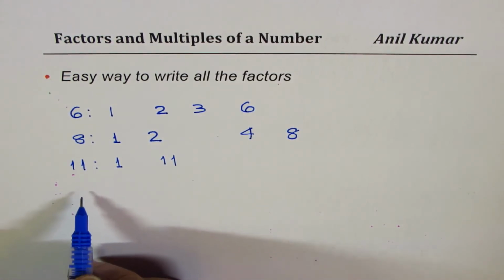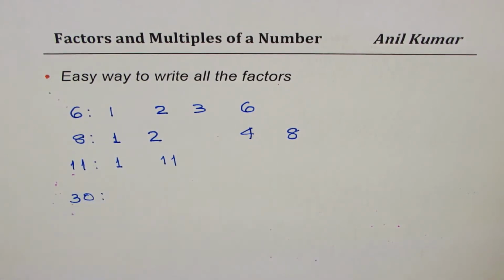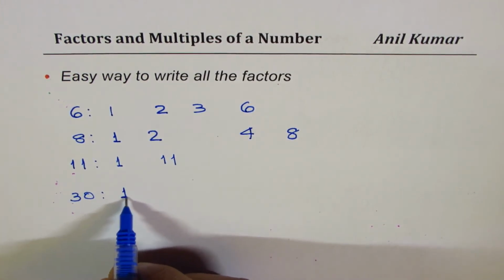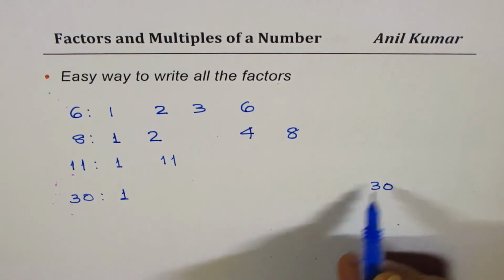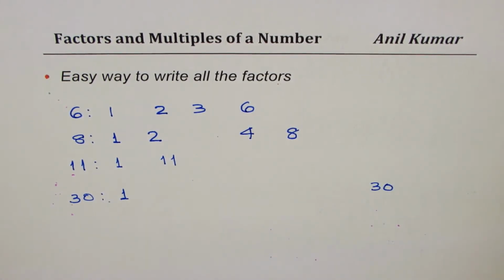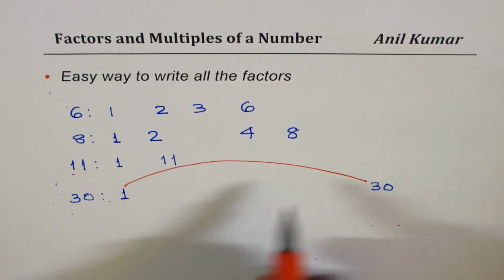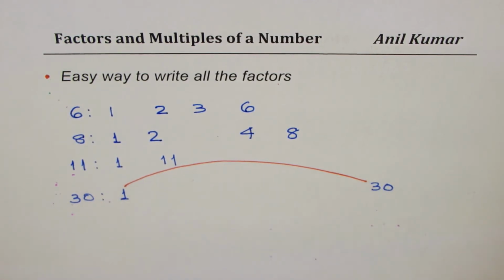And now let me take a bigger number like 30, and let's find the factors of 30. When you increase the numbers like that, I think I need more space. I'll write 1 times 30 is 30. What I'm trying to do here is relate these numbers, connecting them with a rainbow kind of structure.